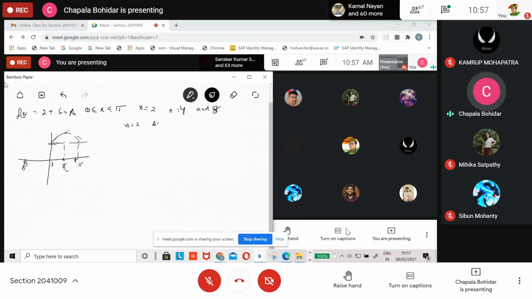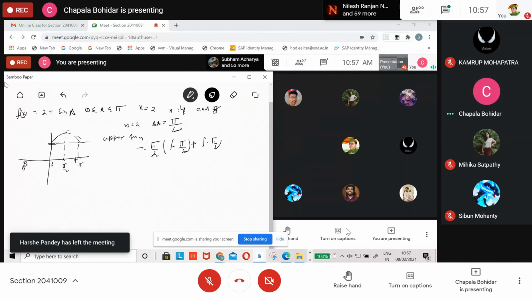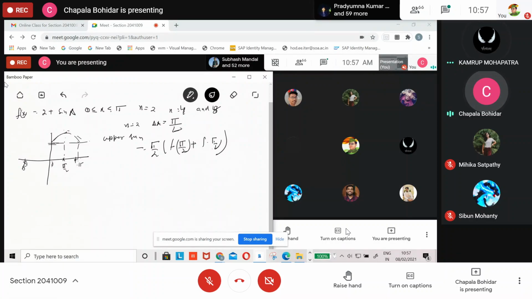Then del x is equal to pi minus 0 divided by 2, so it is pi by 2. Clear? Upper sum is equal to pi by 2 into f of pi by 2 plus f of pi by 2. Is that clear to all of you?